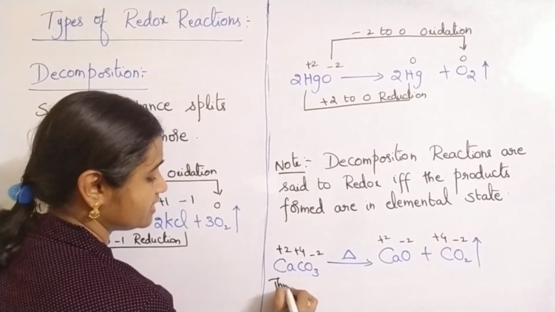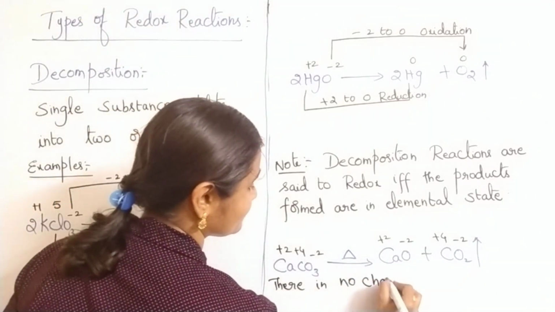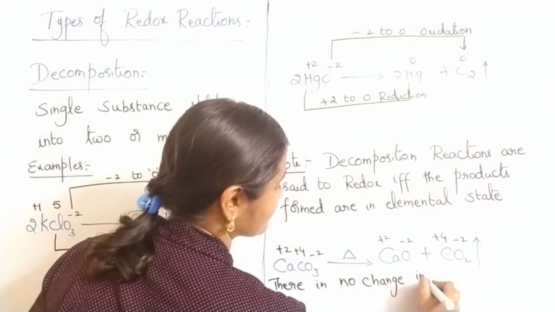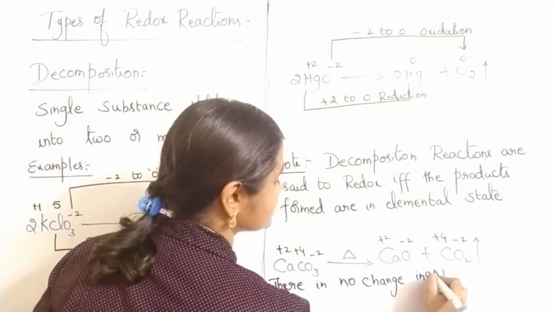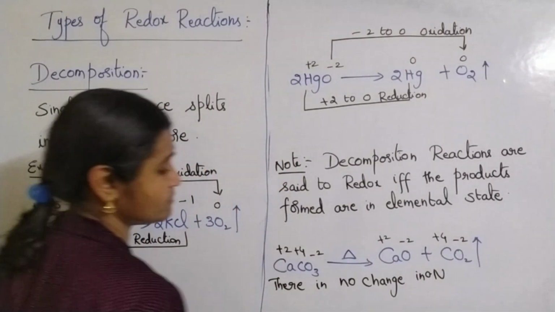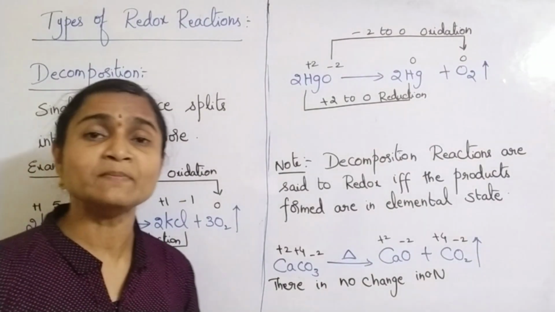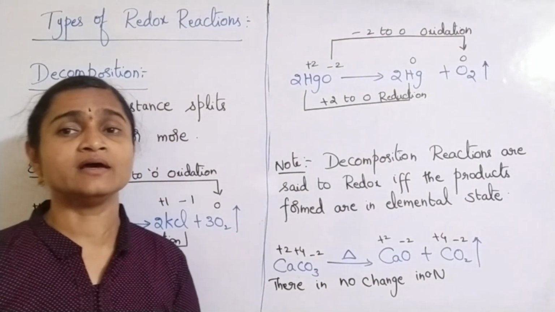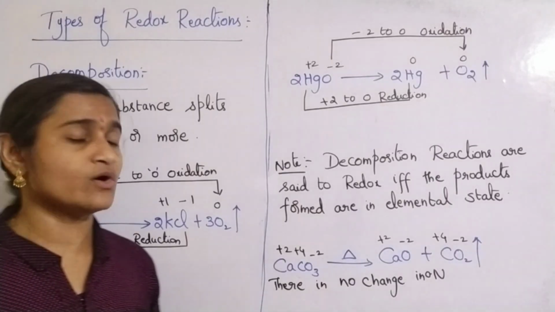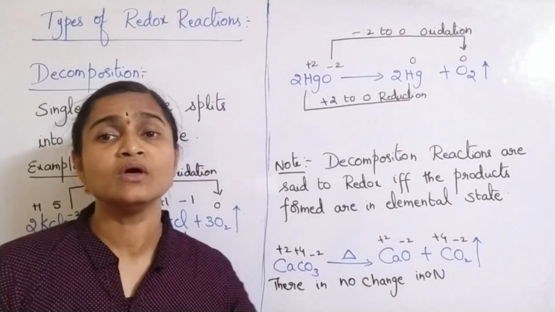So if there is no change in ON, ON means oxidation number, then we cannot call it as redox. It is an example for decomposition only, but it is not called as redox because there is no change in oxidation number from reactant side to product side.